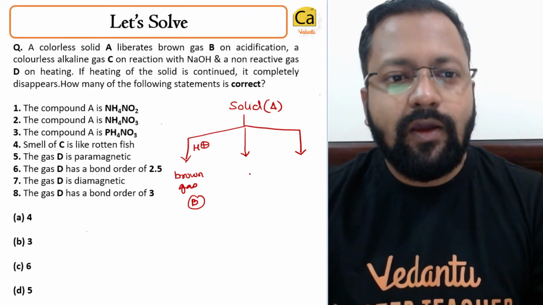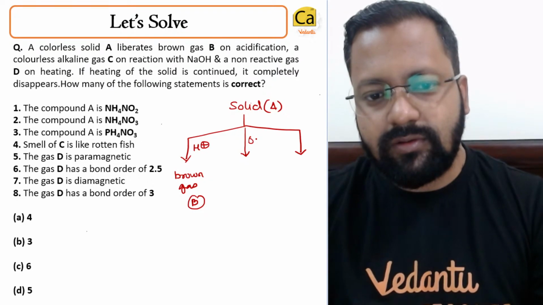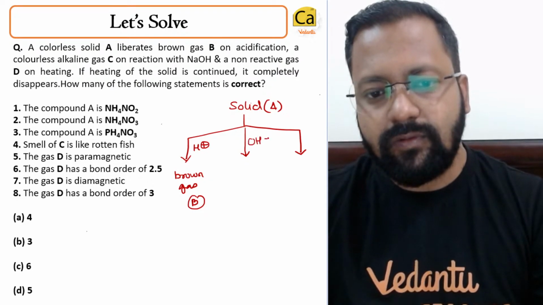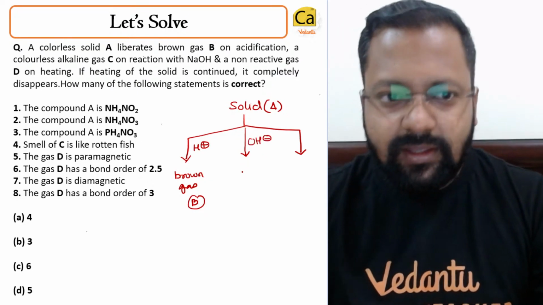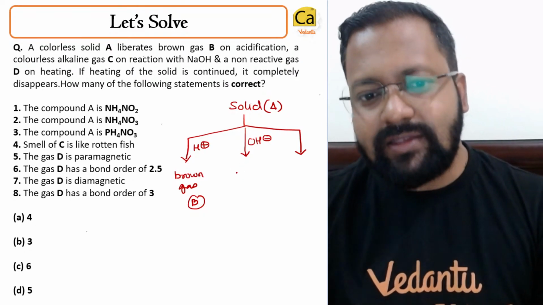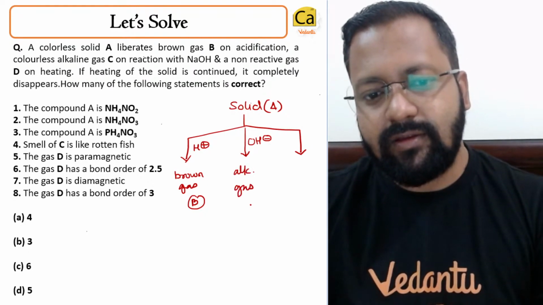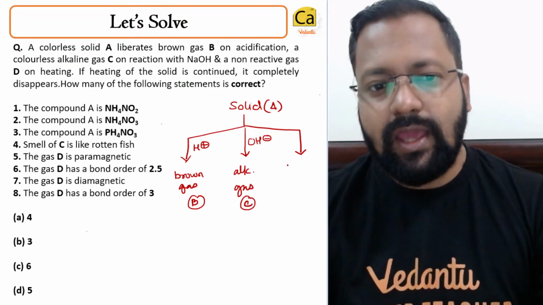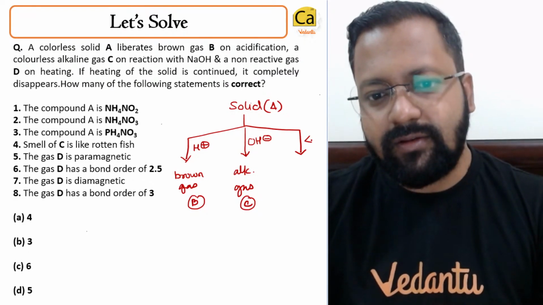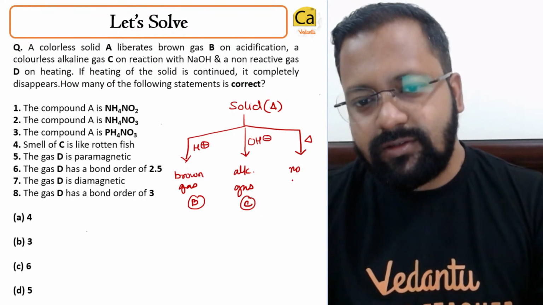Next, when we treat it with OH minus, we get a colorless alkaline gas. And when we heat it, we get a non-reactive gas.